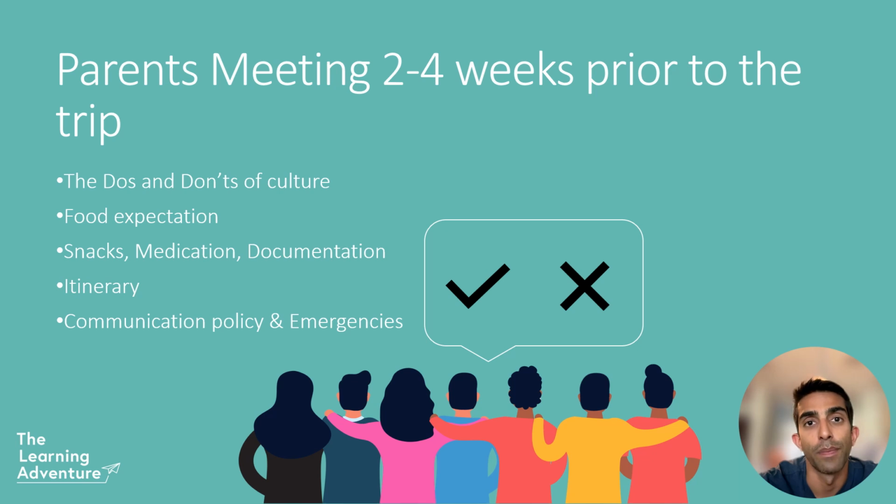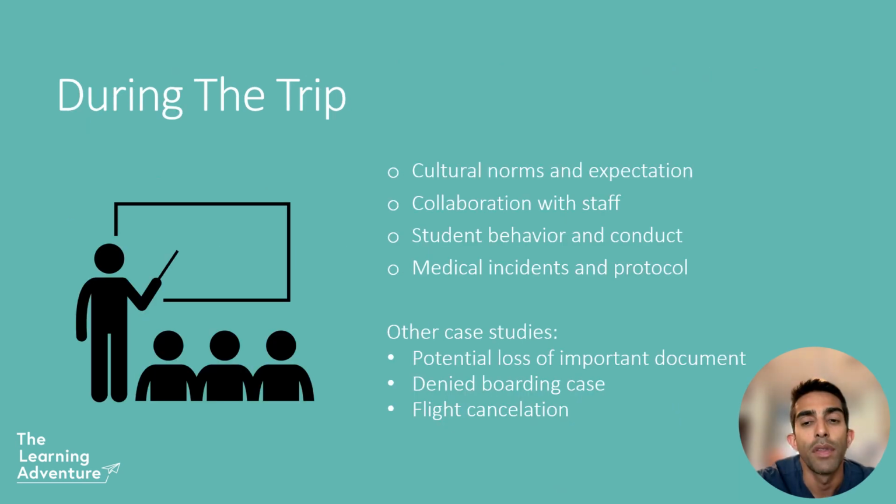protocols that we follow. One of the key starting points of the trip is after arriving at a certain destination, our team that has received the school group will run a mandatory trip briefing that is required for all parties to attend.